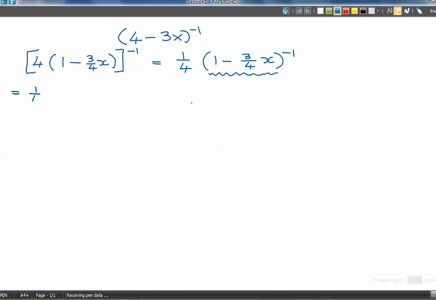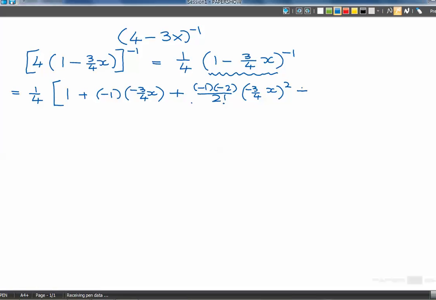So I'm going to leave the quarter outside, and then we've got 1 plus nx, and n is minus 1. And our x term, or our ax term, is minus 3/4 x. And then plus the x squared term, which is n, n minus 1 over 2 factorial, multiplied by minus 3 over 4 x, and all of that squared.